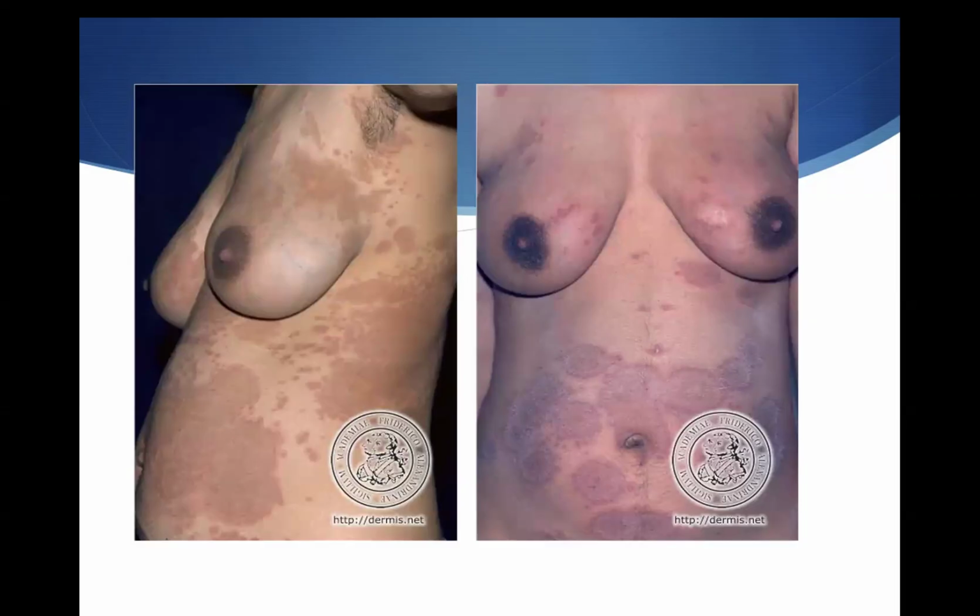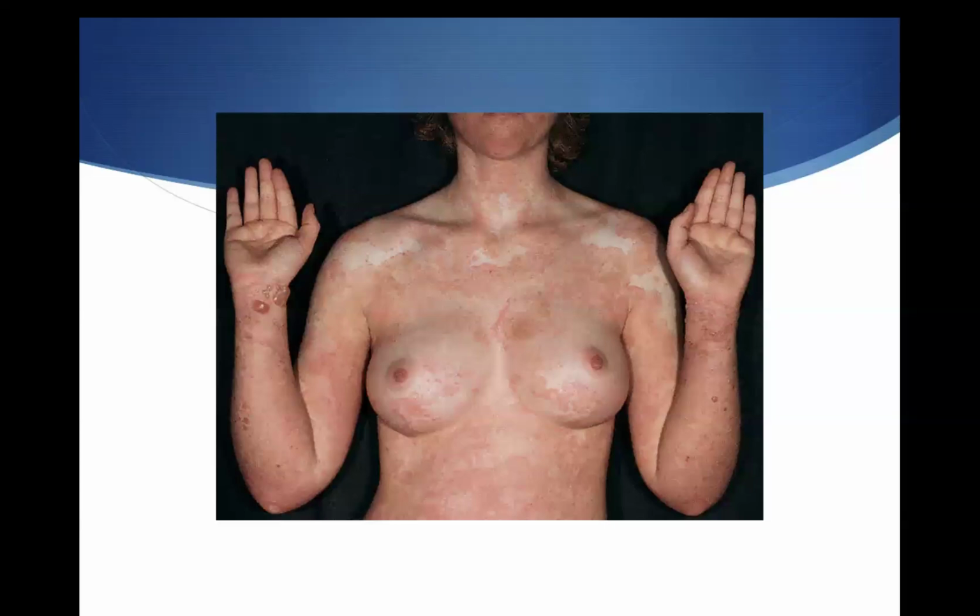So again, just a confluent rash, often with well-described boundaries to the lesions. Next slide. And again, just to define the blebs, the bullous lesions are the hallmark.